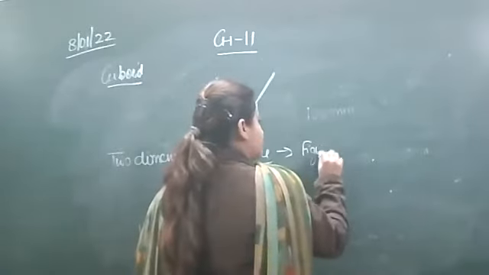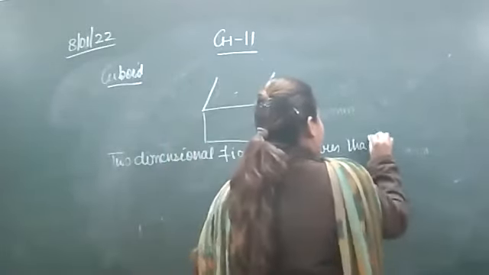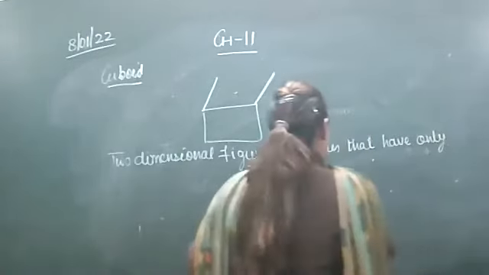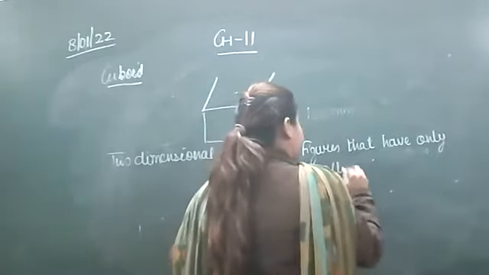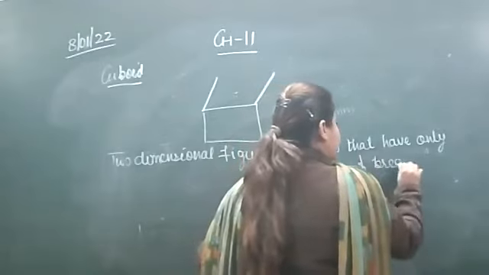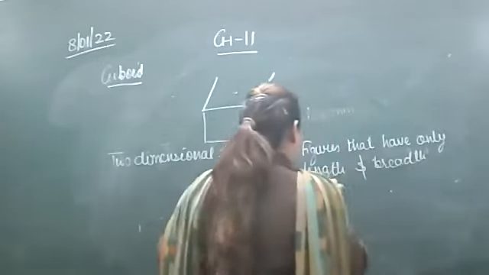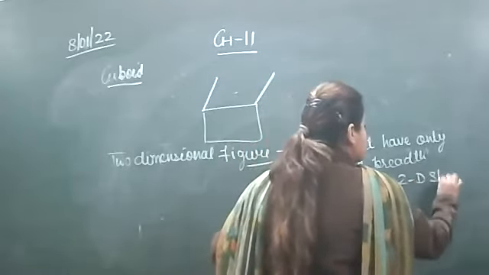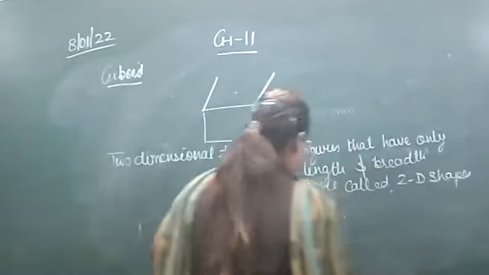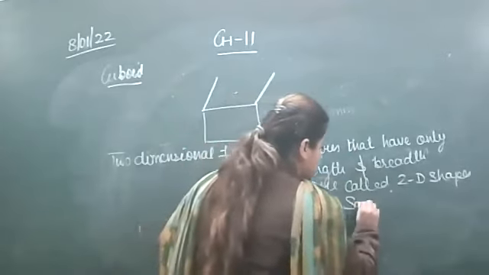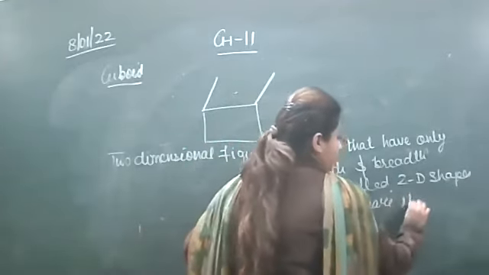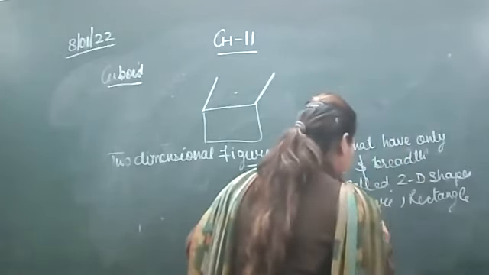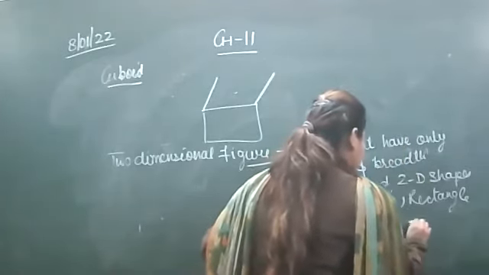Figures that have only length and breadth are called 2D shapes. Example: square, rectangle, parallelogram, etc.